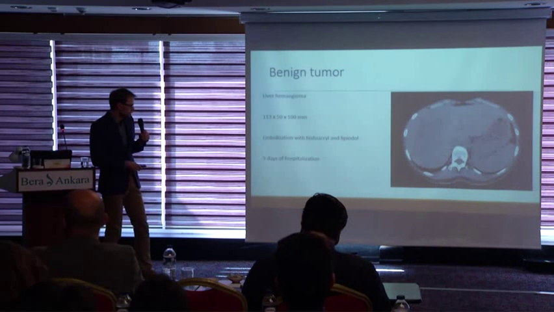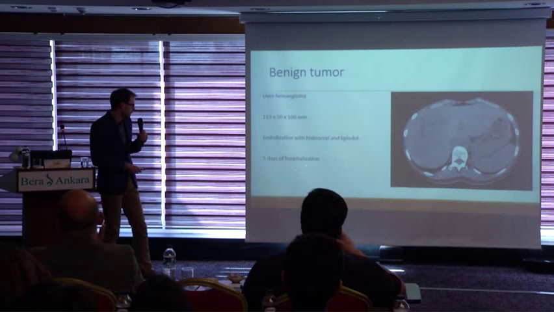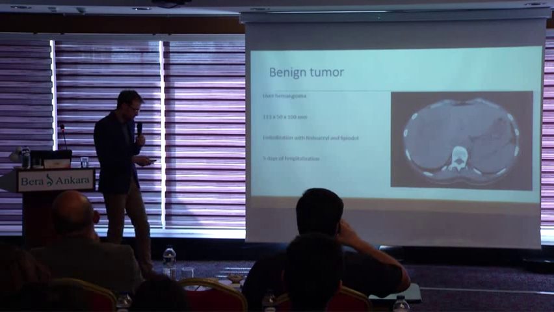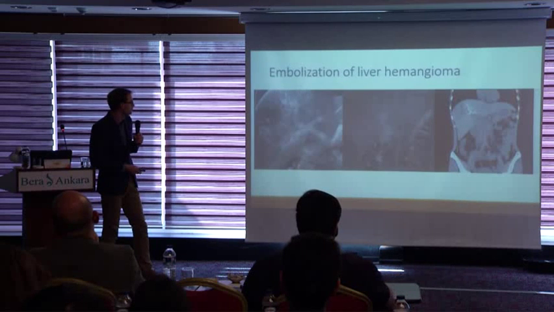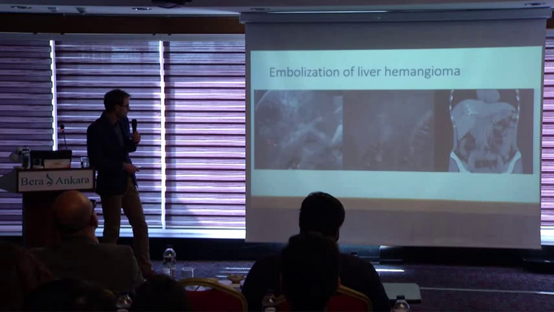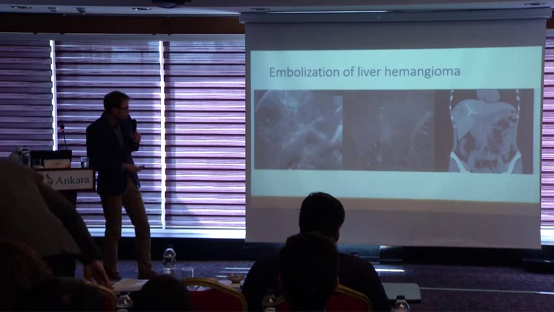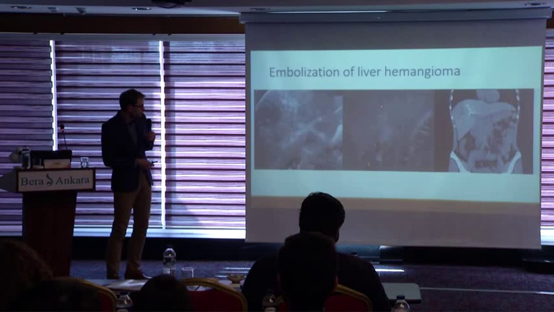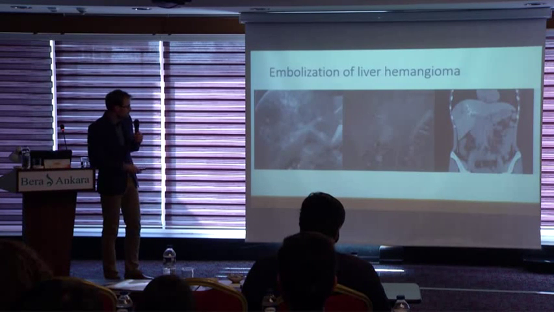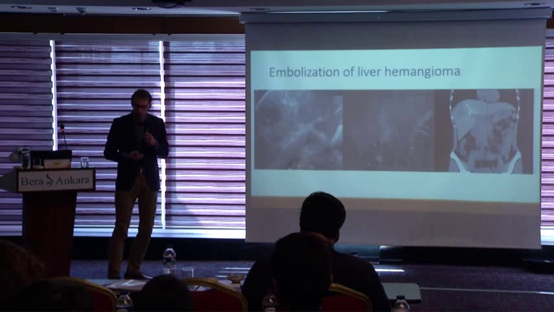It's a relatively elegant therapeutic method, and after 5 days this patient could leave our hospital. And here is the procedure, here is the catheter, he assessed the liver hemangioma. Here you can see the tissue glue occluding the vessels, and here is the control CT with the tissue glue, and you can see that the hemangioma reduced in volume.